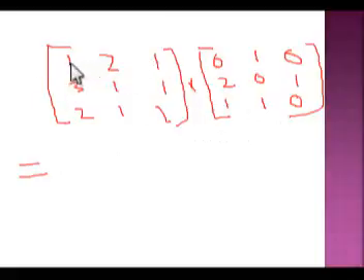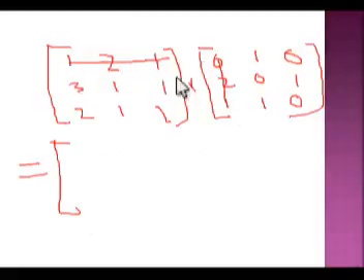Here the first row and first column will be multiplied first, for the first element of the first row. This will be 2 times 2 is 4 and 1 times 1 is 1, so 5. Now to get the second element of the first row, we use the first row and second column. It will be just 1 and 1, so 2. For the third element of the first row, we multiply the first row and third column. It will be just 2.